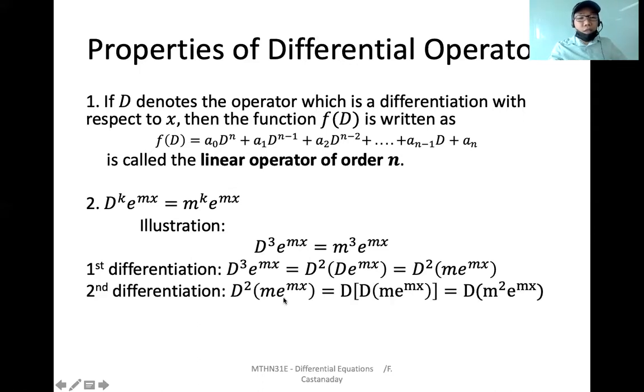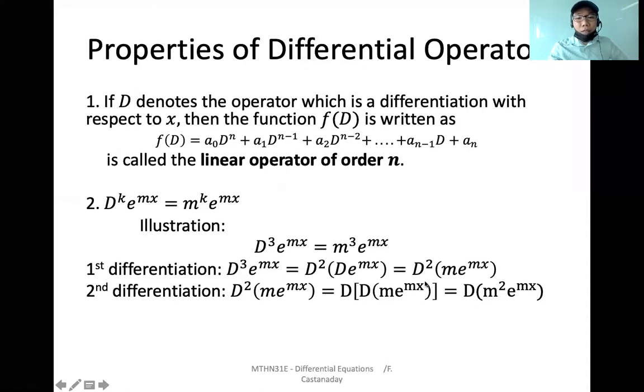Now for the second differentiation, this D squared will be equivalent to D times the derivative of this expression, m e raised to mx. Since m is a constant, just copy m and then differentiate natin ito e raised to mx. We copy e raised to mx and then differentiate mx. It will result to m.